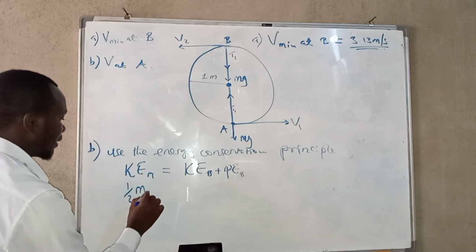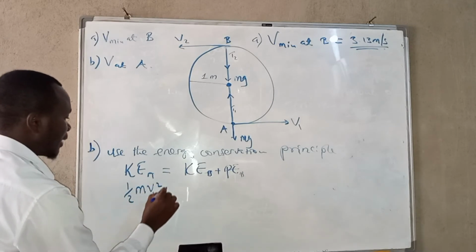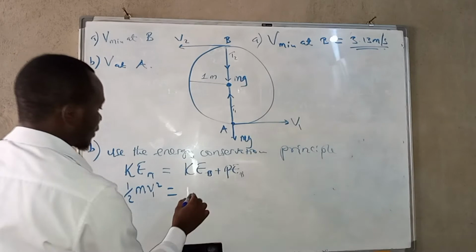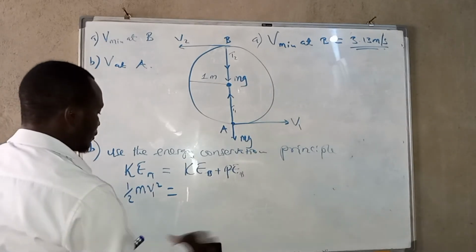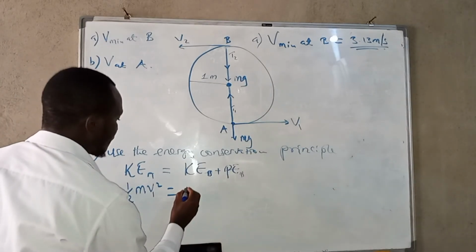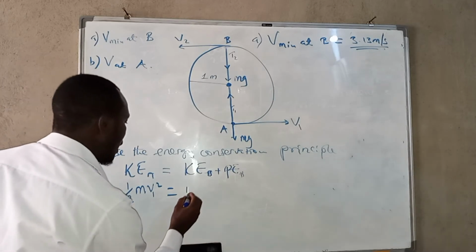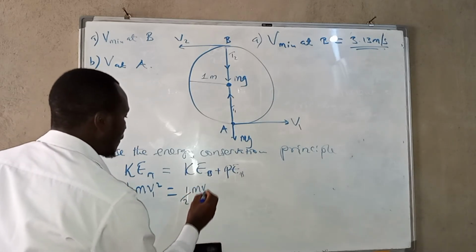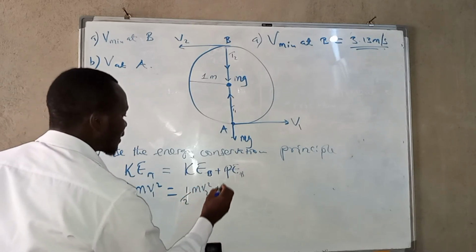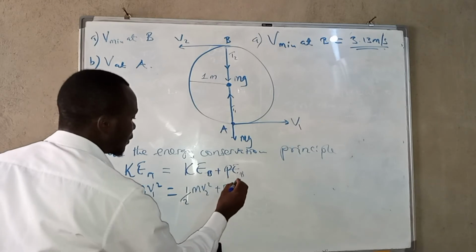Okay, we can write the formula. Half m v1 squared is equal to half m v2 squared plus mgh.